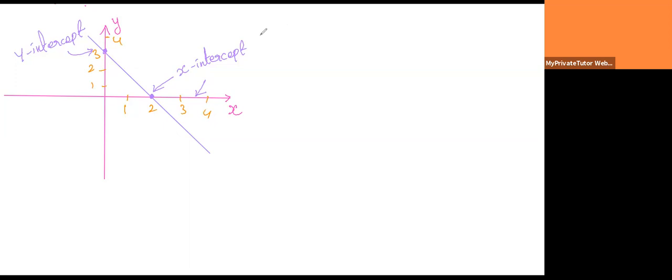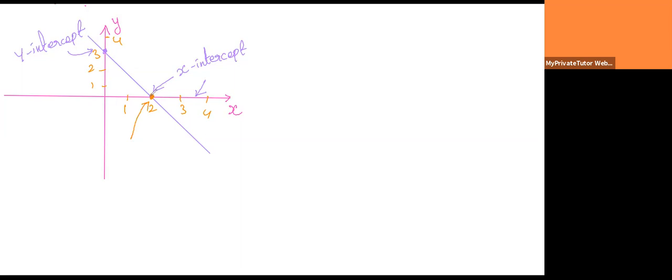Sultan said 3, 2. So 3, 2 is a point. I'm just assuming you are saying x-intercept as 2 and y-intercept as 3. Might be, but make sure that we are writing using the point coordinates.